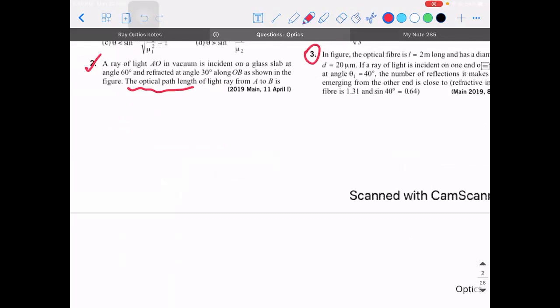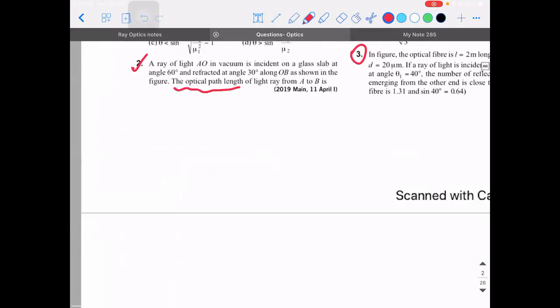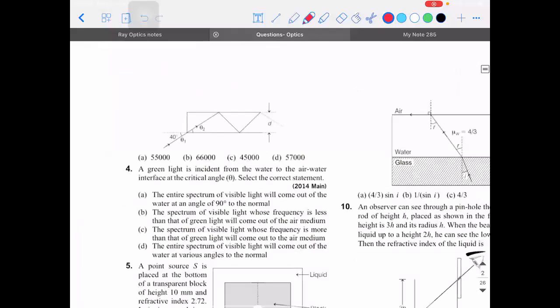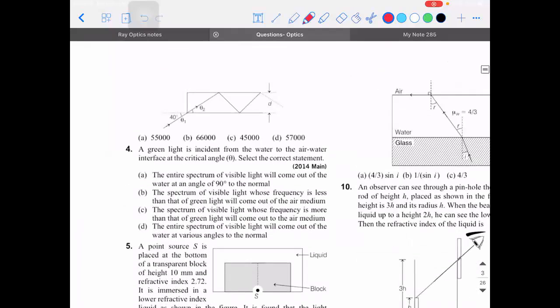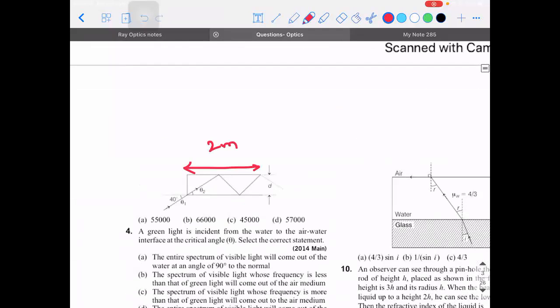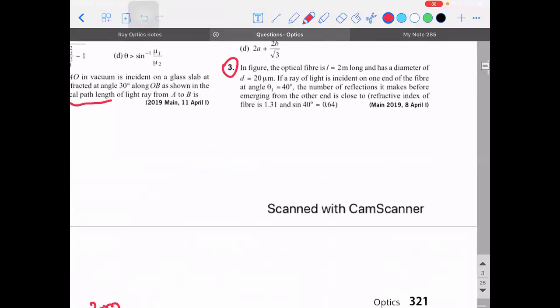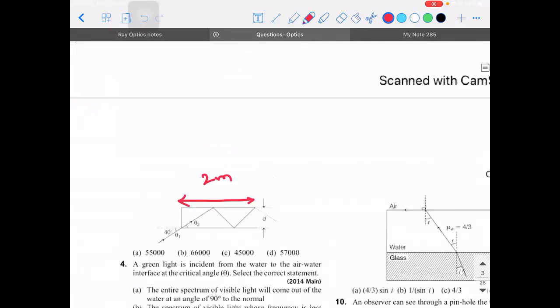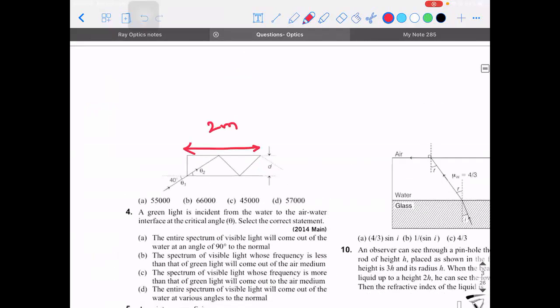How to proceed? So this total length is given as 2 meter, and its diameter is only 20 micrometer. We need to find out how many reflections have taken place before the ray comes out from the other end. So how to solve?